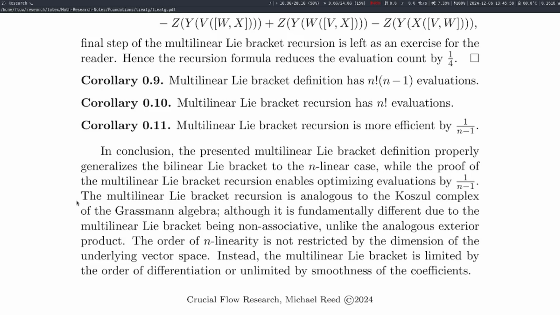The multilinear Lie bracket recursion is analogous to the Koszul complex of the Grassmann algebra, although it is fundamentally different due to the multilinear Lie bracket being non-associative, unlike the analogous exterior product. The order of n-linearity is not restricted by the dimension of the underlying vector space. Instead, the multilinear Lie bracket is limited by the order of differentiation, or unlimited by smoothness of the coefficients.